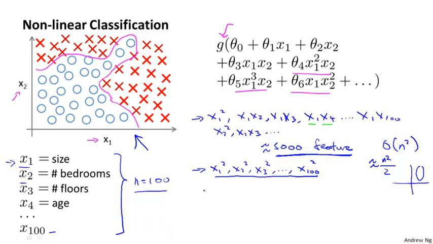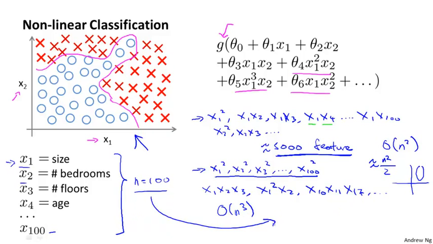If you were to include the cubic or third order polynomial features, like x1, x2, x3, x1 squared x2, x10, x11, x17, and so on, you can imagine there are going to be a lot of these features. In fact, they're going to be order n cubed such features, and if n equals 100, you can compute that you end up with on the order of about 170,000 such cubic features.